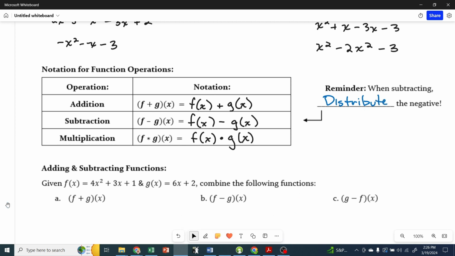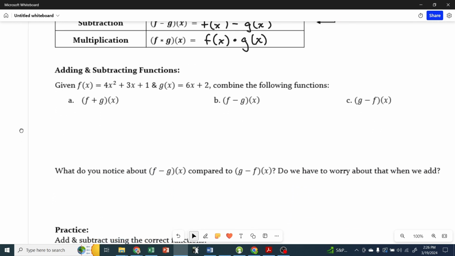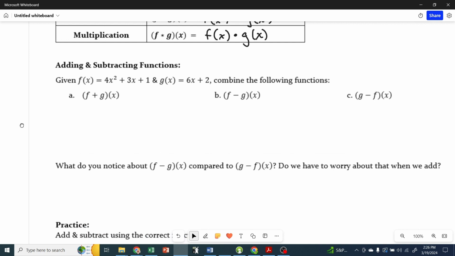So, let's talk about adding and subtracting these functions. So, f plus g of x, given f of x is 4x squared plus 3x plus 1, and g of x is 6x plus 2. Well, you're just going to take these again, and this is equal to f of x plus g of x.